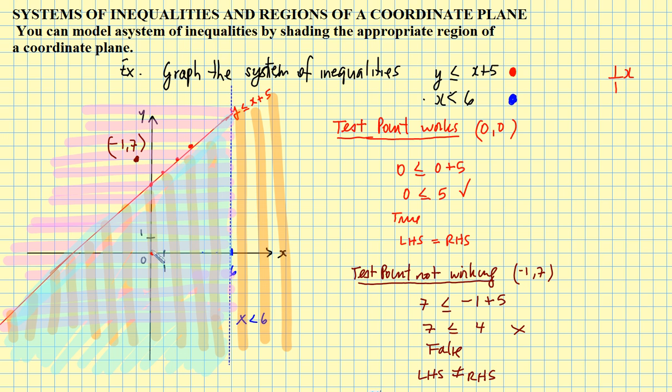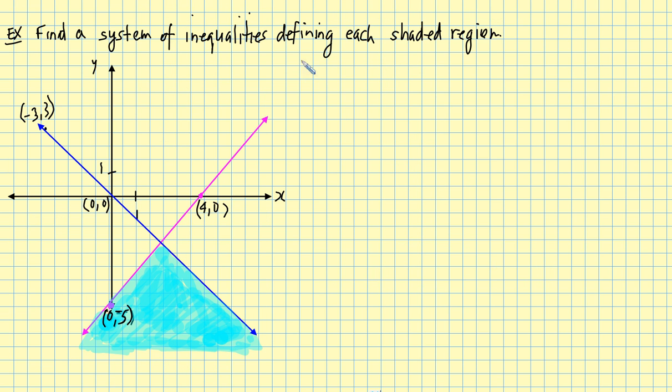So I took a point in the area where it works, and I chose a point outside where it doesn't work. And as you can see, the one that didn't work was outside of the area that was overlapping.